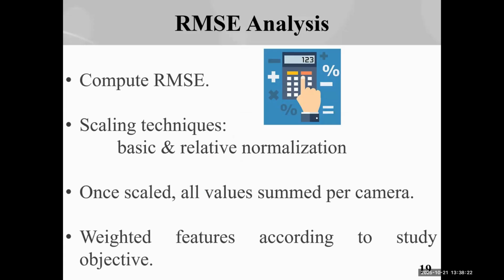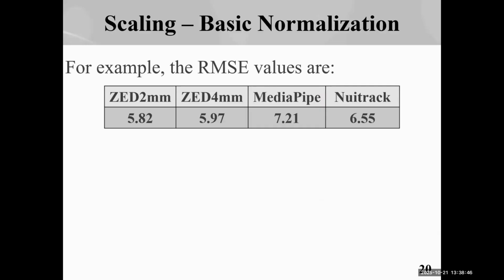And since each feature has a different scale, we need to use scaling techniques to bring them all to the same scale. Once we scale them, we sum all the scaled values for each camera. And at last, we can add weighted importance to features, so that we can give different importance to different features depending on our research focus.